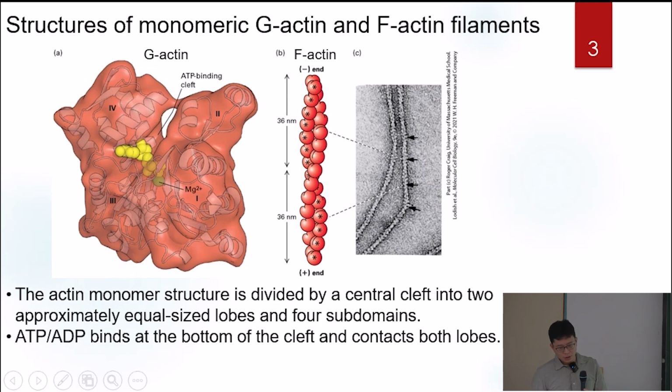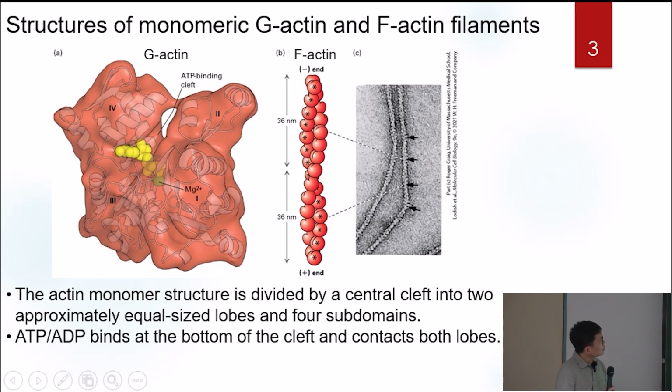G-actin is pretty small, about 5.5 nanometers. F-actin is the filament of G-actin. G-actin forms F-actin, and it's also very small. The width of F-actin is about 7 nanometers.